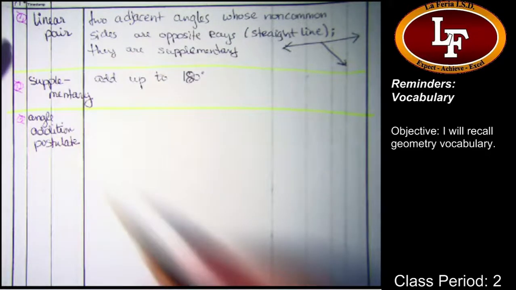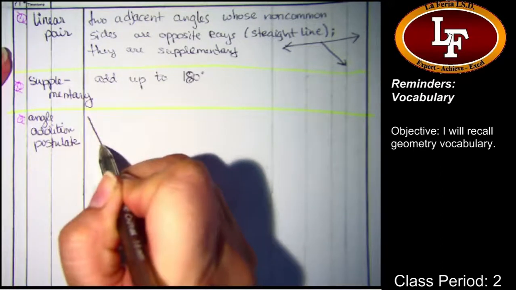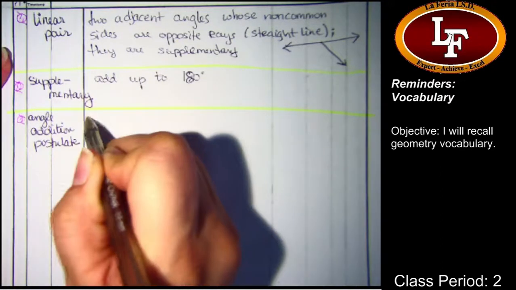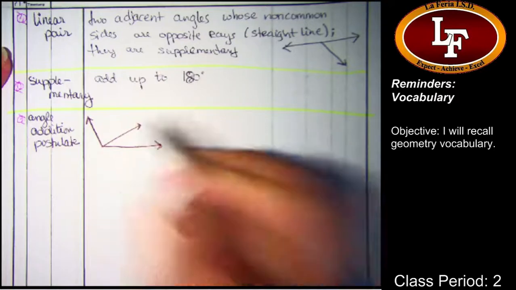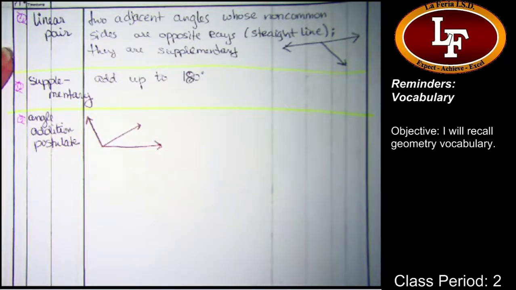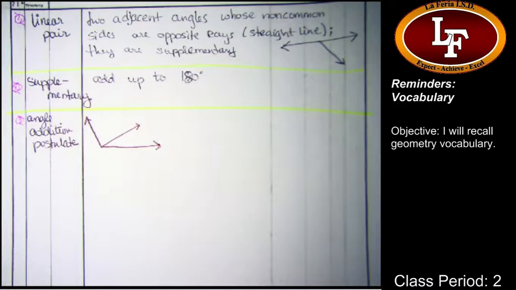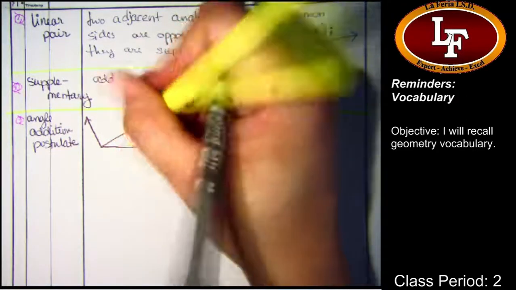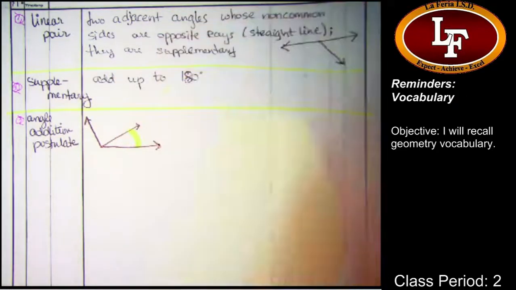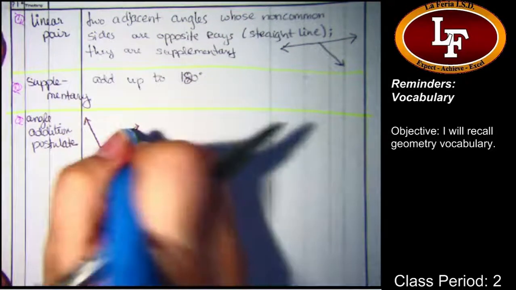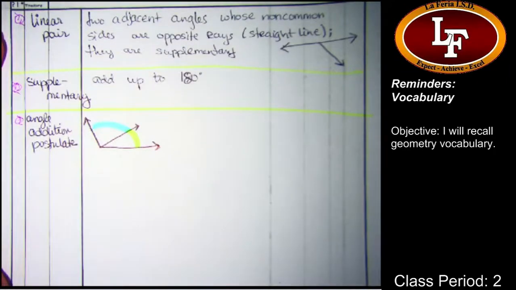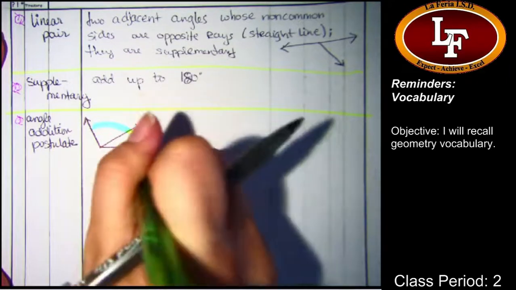Can I draw a figure for you? See if maybe the figure helps you out. So if I've got an angle sitting here like this, and I've got some other little ray sitting inside of it, I end up with 3 angles, 2 small ones and 1 big one. This angle addition postulate says that I could add the 2 small angles, so it'll give me the measurement of the big one.